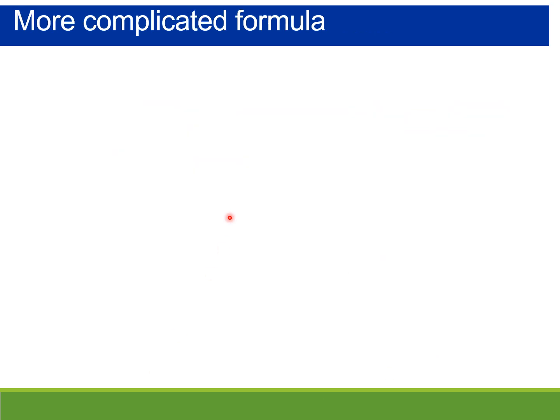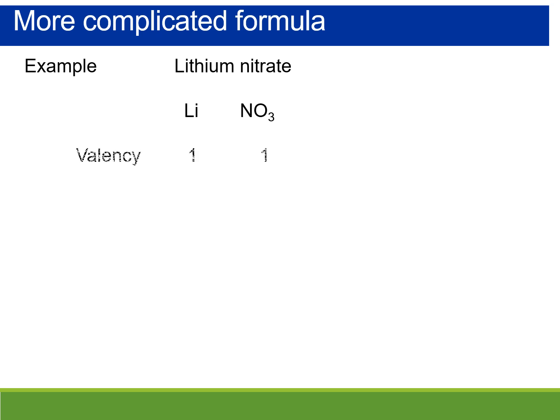So let's see how we do swap and drop with molecular ions. So here's our example, lithium nitrate. We're going to write down our molecular ion that we will have found on the back of the periodic table. We know that it has a charge of -1, so it has a valency of 1. Swap and drop, and we can see that our formula is LiNO3.